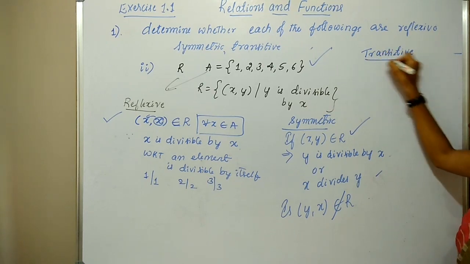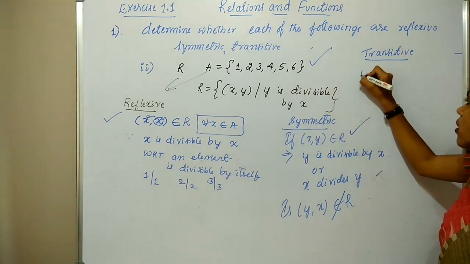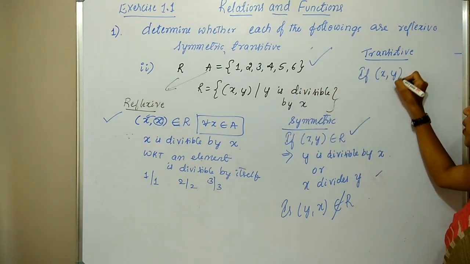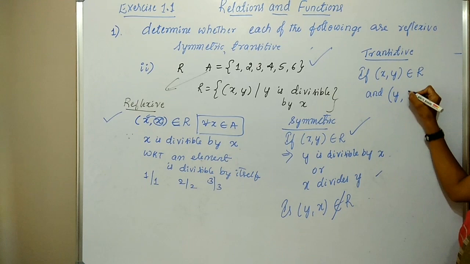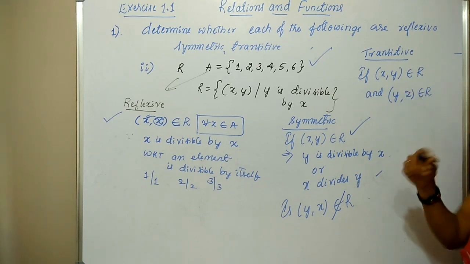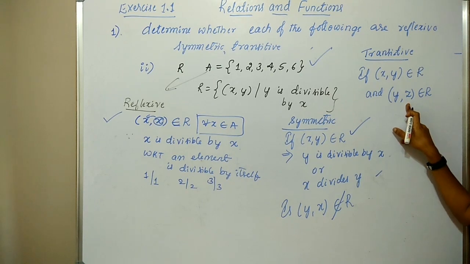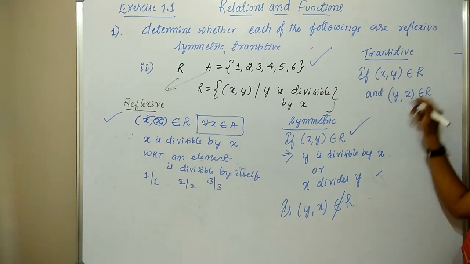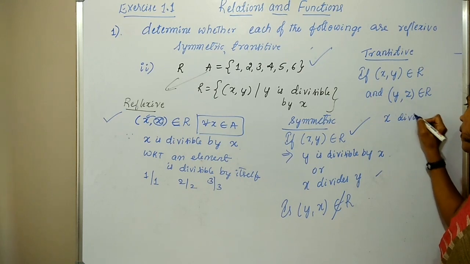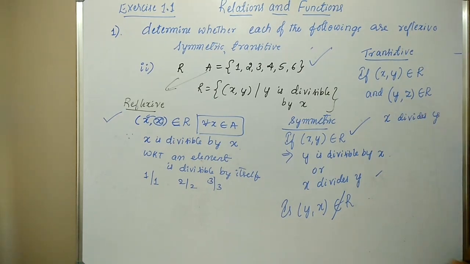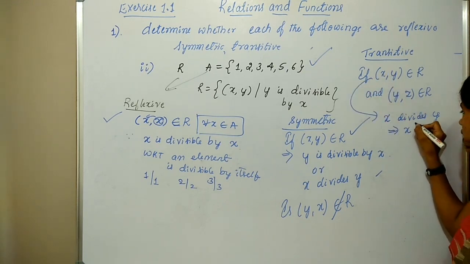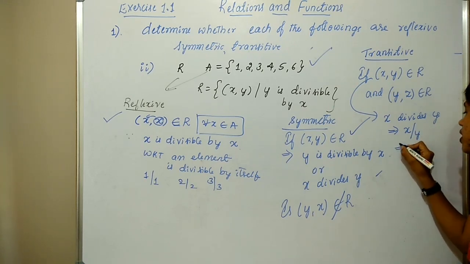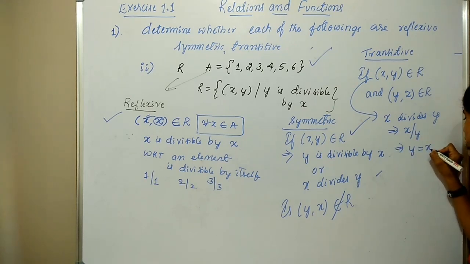For that, take (x, y) belongs to R and (y, z) belongs to R. We must obtain that (x, z) also belongs to R. (x, y) belongs to R means x divides y, which means y can be written as x into something, say s.